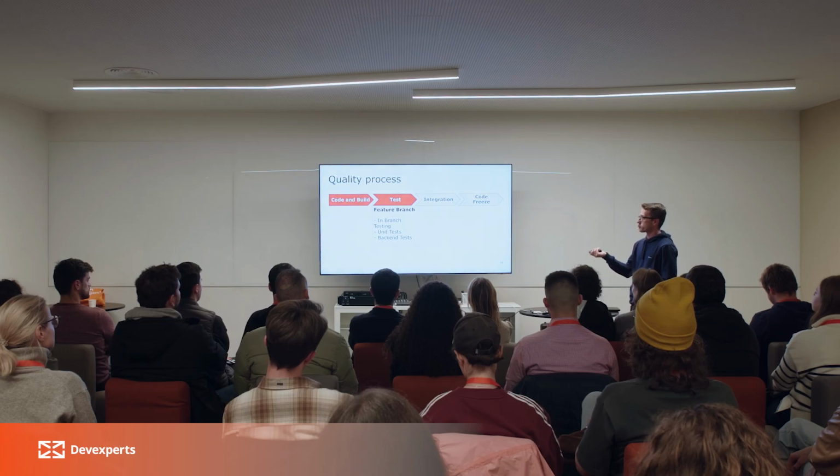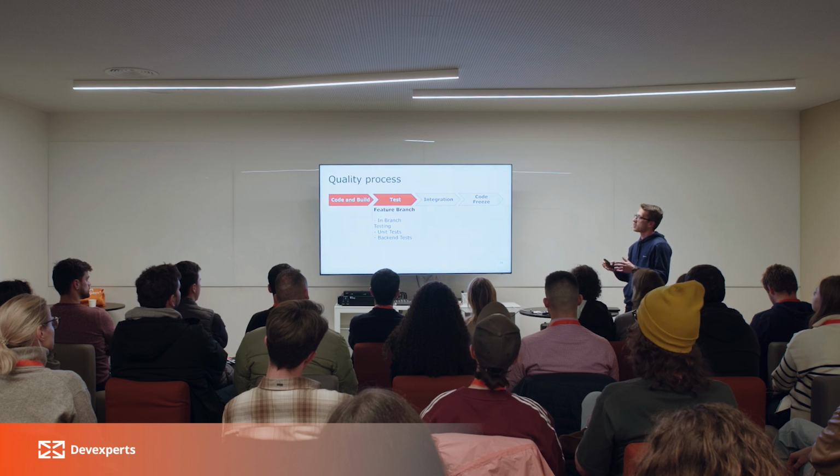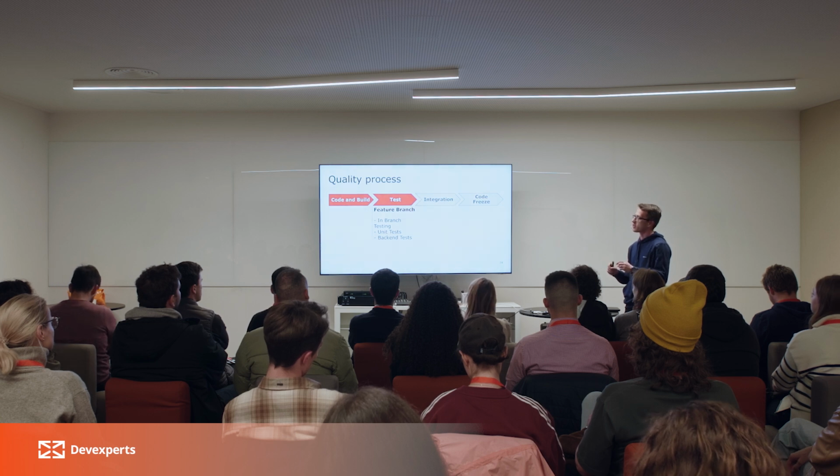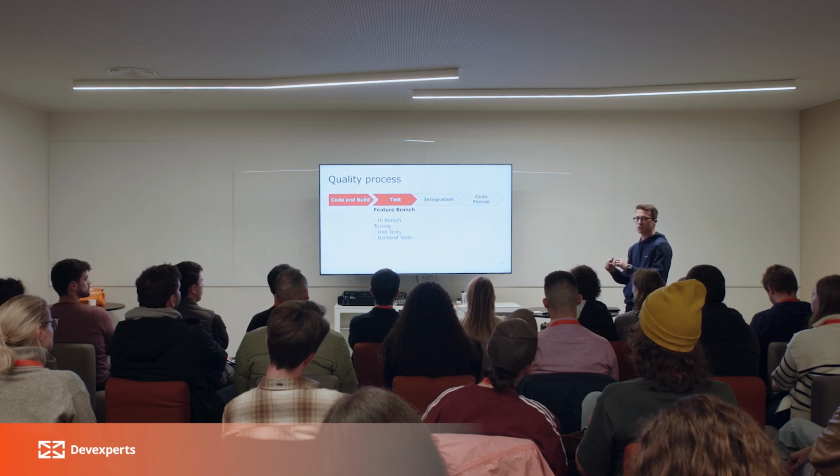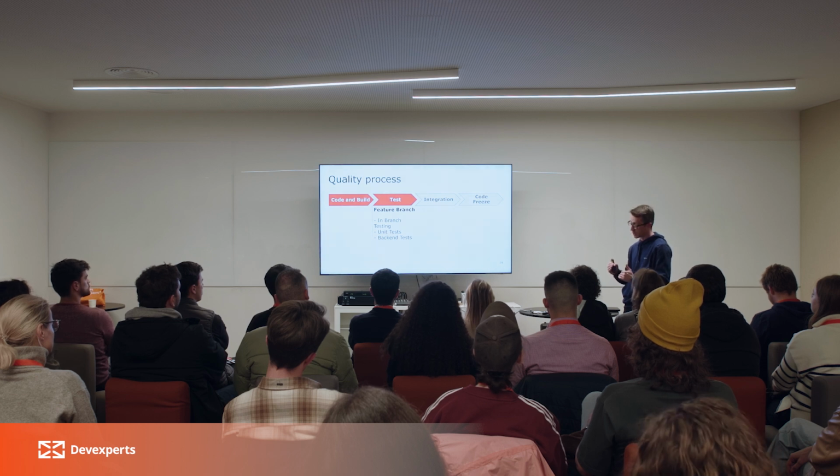And then you can use unit tests. In our case, we have a small subset of backend tests as well. So after commit, we check not only the unit tests, but we have a subset of system tests executed from the backend side. And so this means that you have a level of quality.